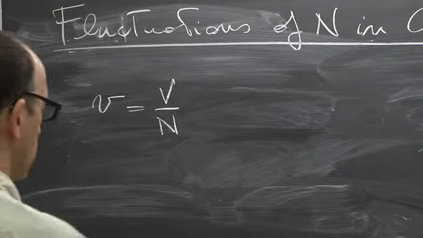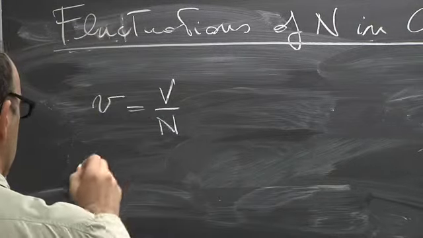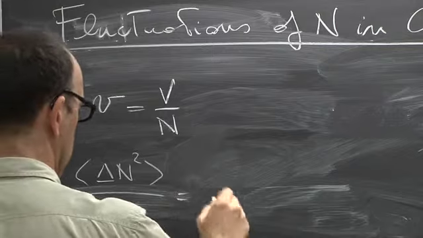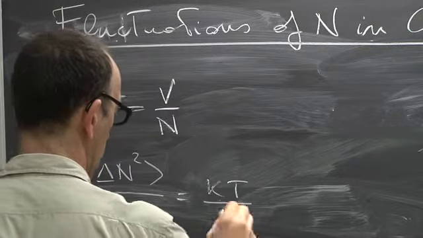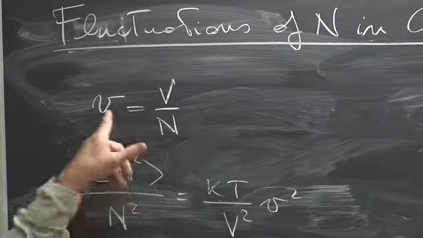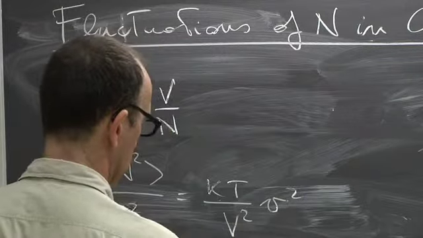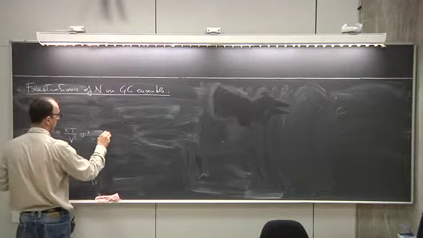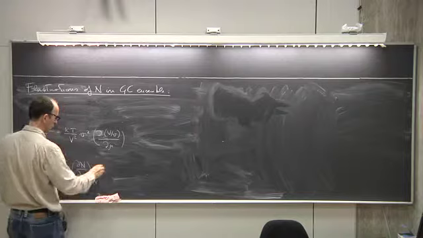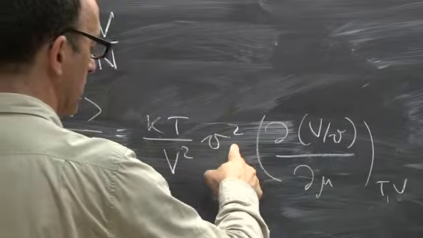So this means that this relative fluctuation divided by n squared can be written as kT over V squared times V squared, because n is V divided by small v, times now here I have the derivative of V over small v by mu at constant T and V. Since V is constant, I can take this V out.